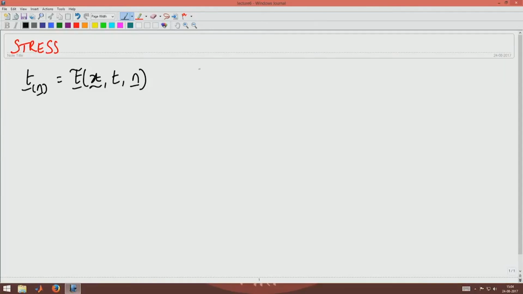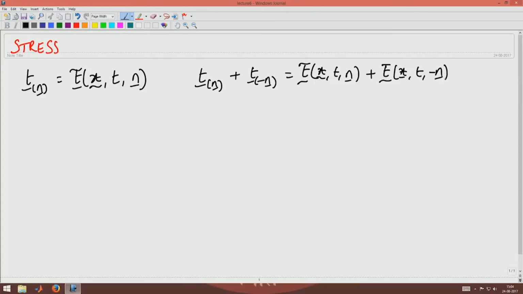We also saw that the traction on two opposite cut faces should be equal and opposite, and hence T of n plus T of minus n should be equal to 0 at a particular point. This is essentially Newton's third law of motion, that every action has an equal and opposite reaction.